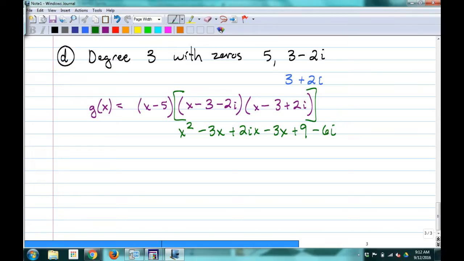It does get a little long here, but we'll see some stuff go away in just a second. So negative 2i times all of those. So negative 2ix, positive 6i, and negative 4i squared. And then we still have our x minus 5 that we're going to take care of last.